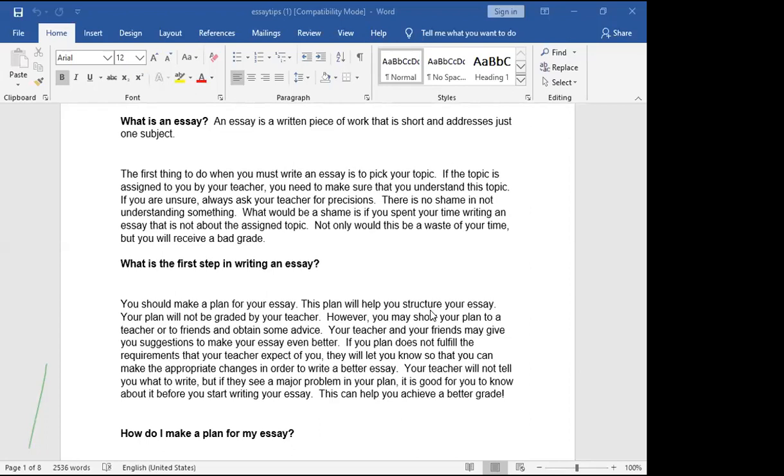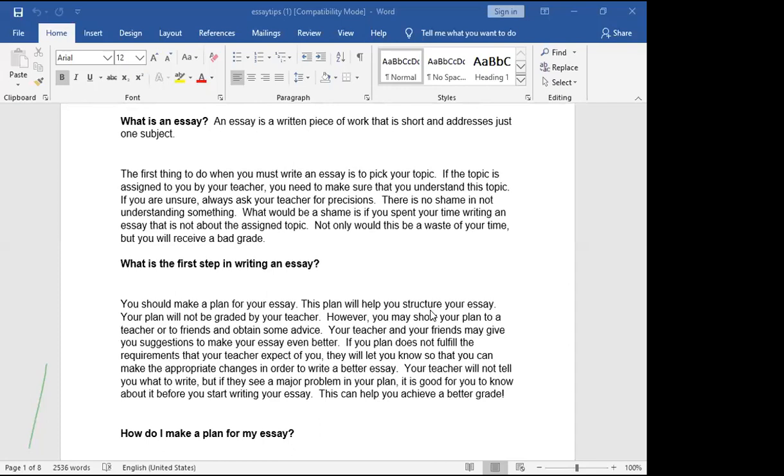However, you may show your plan to a teacher or a friend and obtain some advice. Now, this is in a free writing environment. For example, as you are home, you can share your tips or your plan with someone around you. Your teacher and your friends may give you suggestions to make your essay even better.